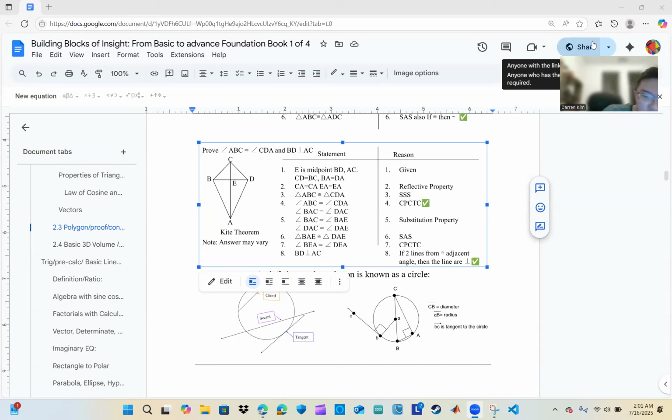Anyways, the first thing we know is that in a kite, E is the midpoint of BD and AC. Can you see my... actually, why am I saying it? No one's listening, so I have to figure it out myself.